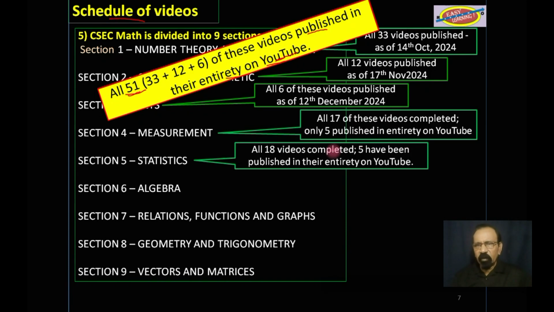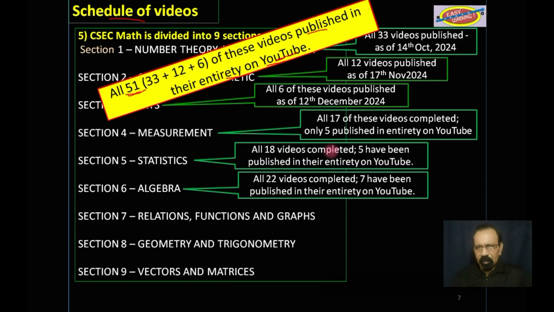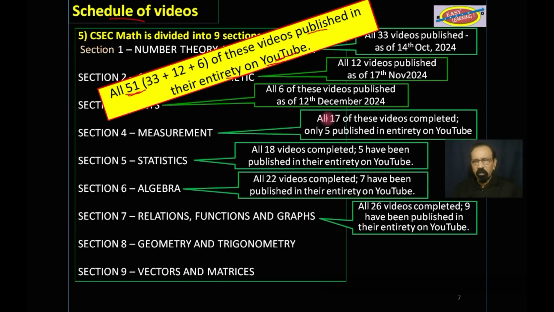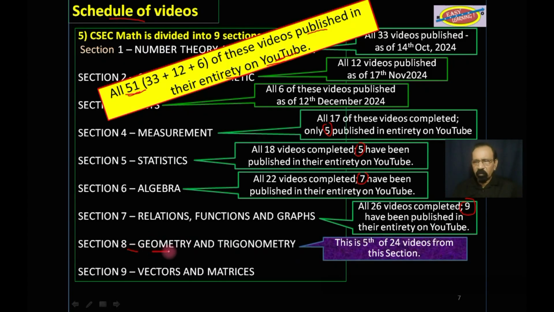Sections 4, 5, 6, and 7 are all completed. Some of these videos have been published on YouTube in their entirety. The others are only partially published on YouTube. Section 8, this is where we are right now, geometry and trigonometry. This is the 5th of 24 videos from this section.